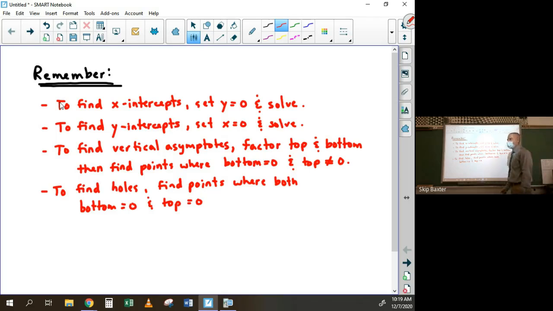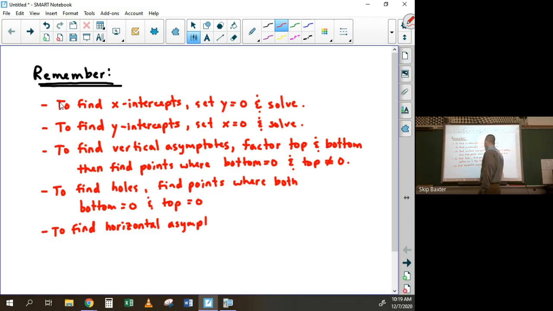And then finally, what we did on Thursday was to find horizontal asymptotes. For this, you just look at the order of the top and the order of the bottom.